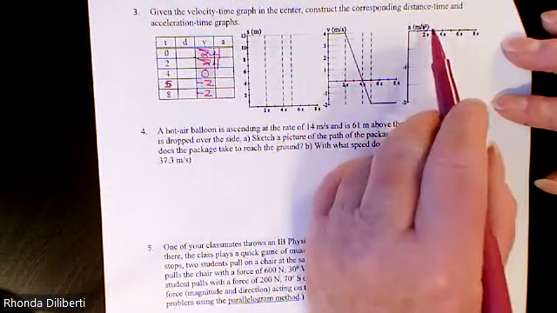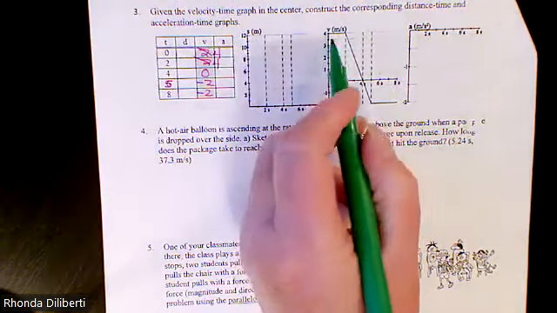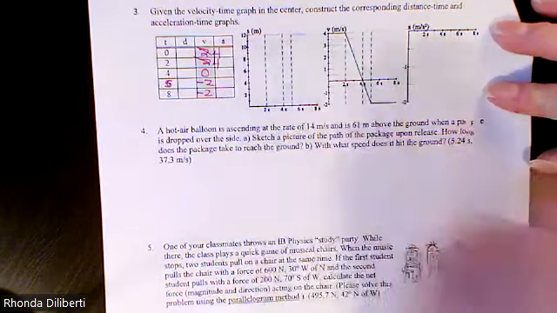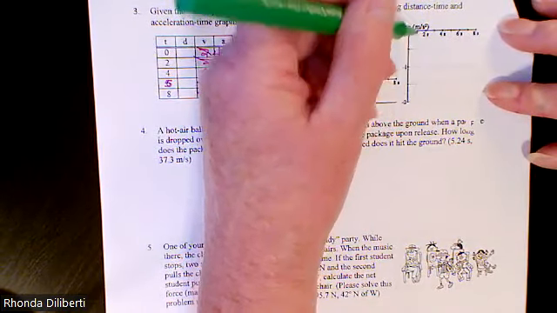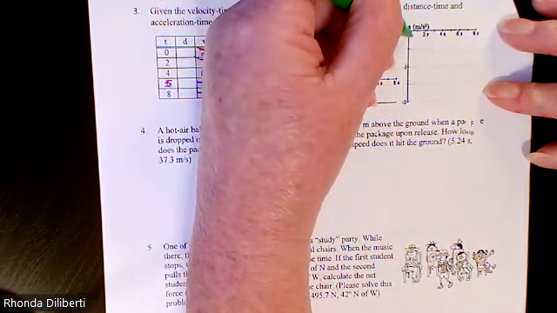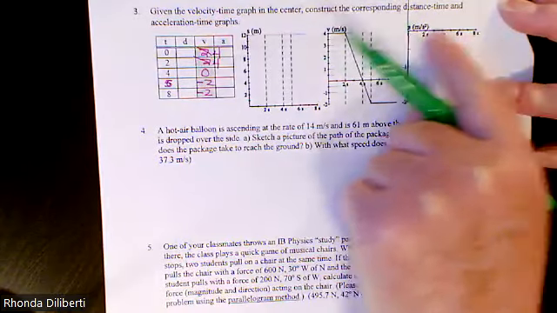All right, so the acceleration time graph, I think it's easiest to do by just looking at the velocity time graph and kind of talking to ourselves. So look at the y-axis here. I'm going to kind of draw it up so it extends a little bit. You can see that the x-axis is kind of like in the middle here.